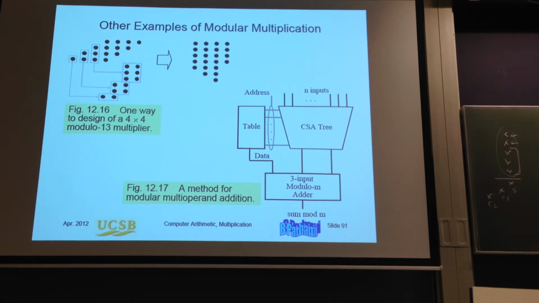And this is a modulo 13 multiplier. Now I am processing those, but this is 16, which modulo 13 will give me 3. Then, instead of having 3 dots here, I will have 6 more dots, which are appended to column 1 and column 2. For 32, I have this, and for 64, I have this.